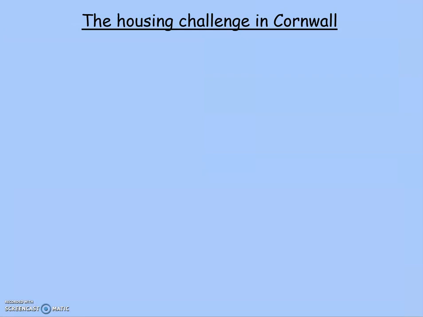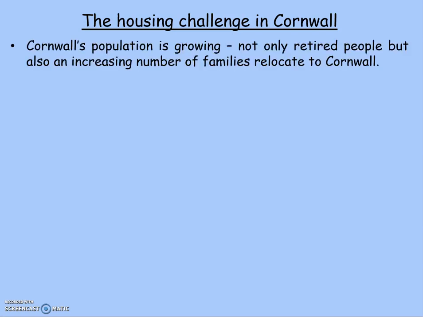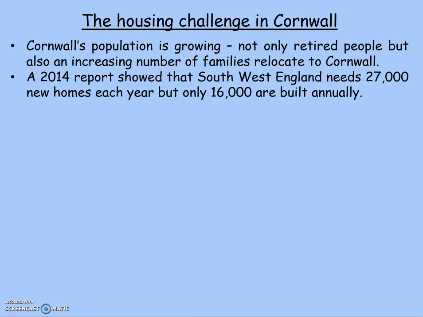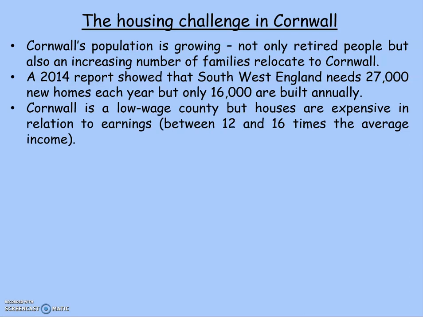Cornwall, the housing challenge, is quite specific. Cornwall is a rural area, we'll come back to it later when we think about rural regeneration. Cornwall's population is growing, not only retired people, but also an increasing number of families relocating there. Southwest England needs about 27,000 new homes each year, but only 16,000 are actually built annually.